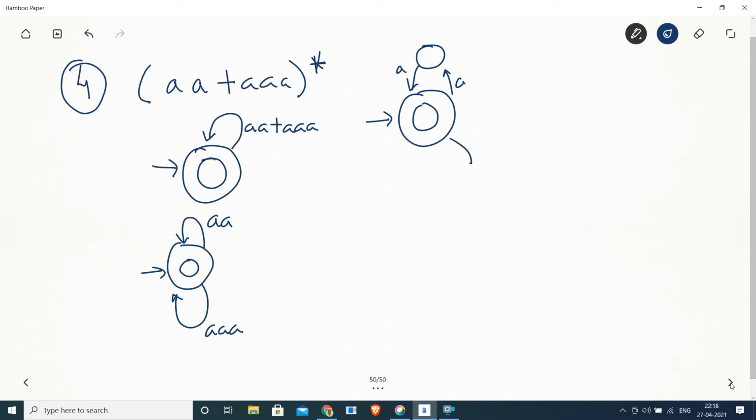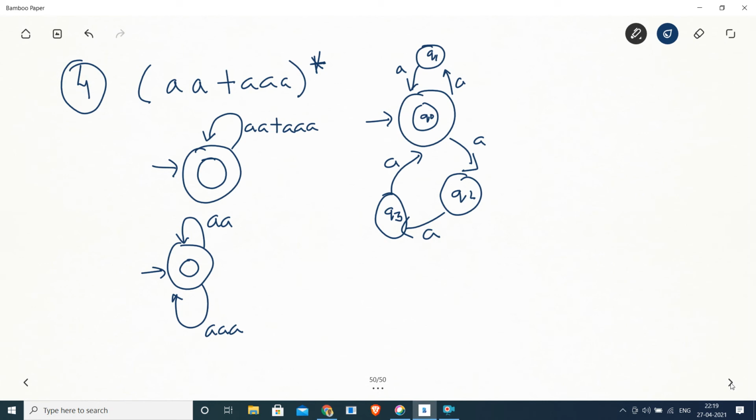For AAA we will put one more state. And now we give the numbers Q0, Q1, Q2, Q3.